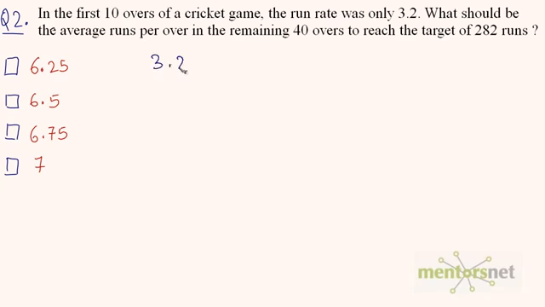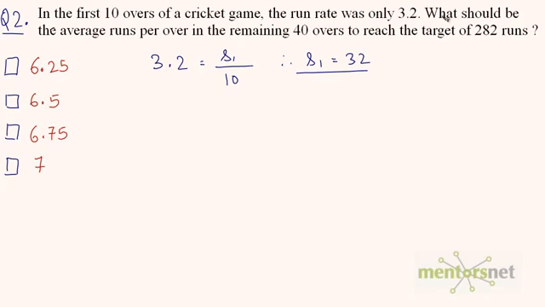So 3.2 is equal to, we know the formula for average, the sum of runs for the first 10 overs, let's term that S1, divided by the number of overs, that is 10. Therefore S1 is equal to 3.2 times 10, which is 32.